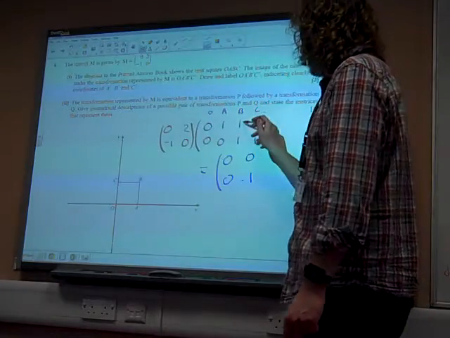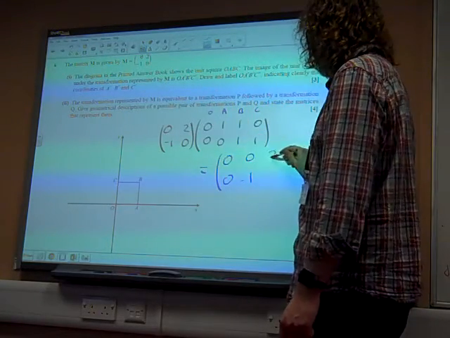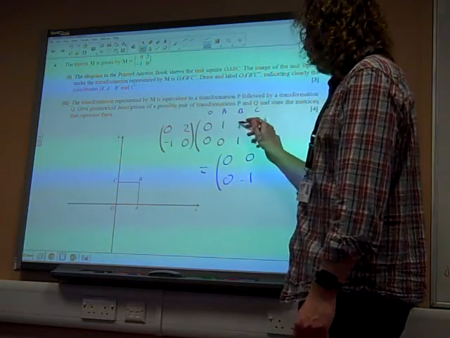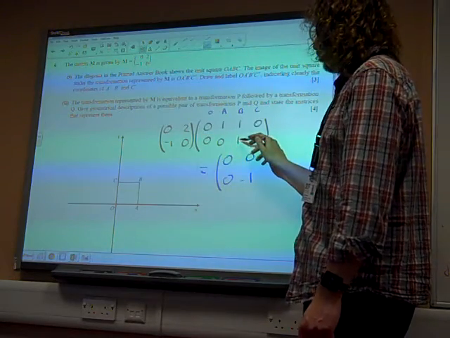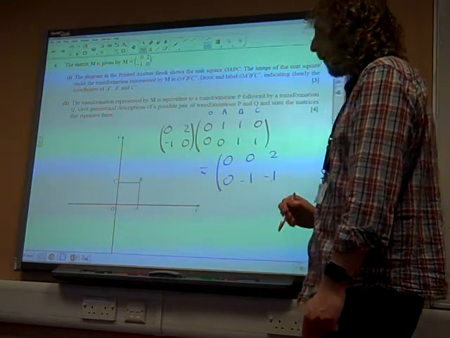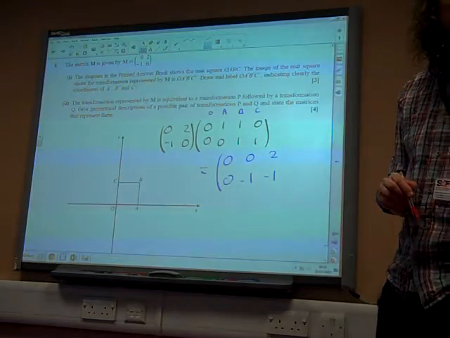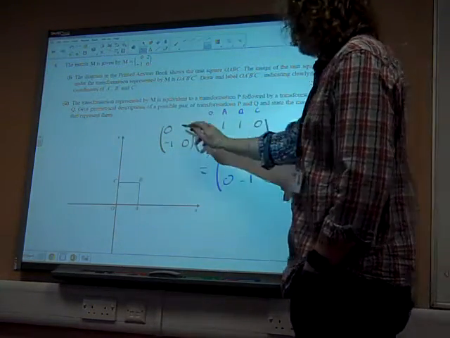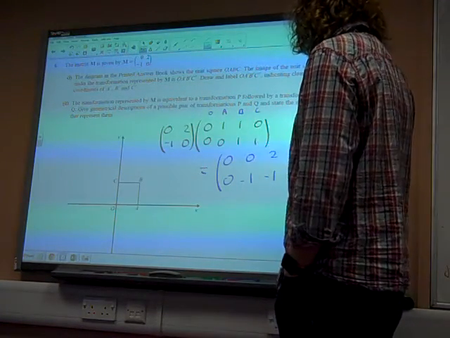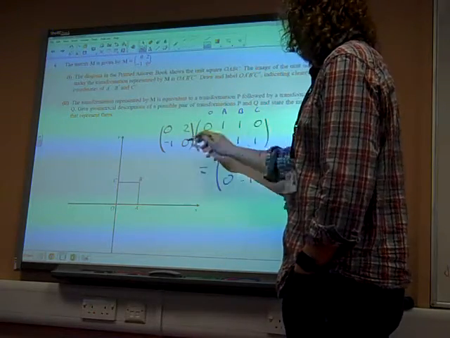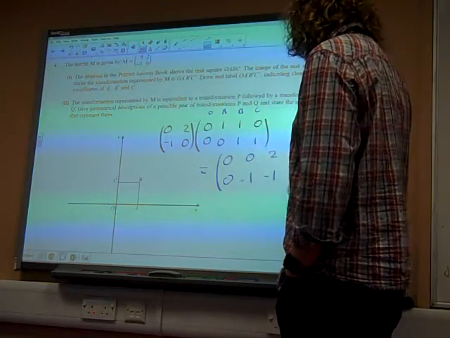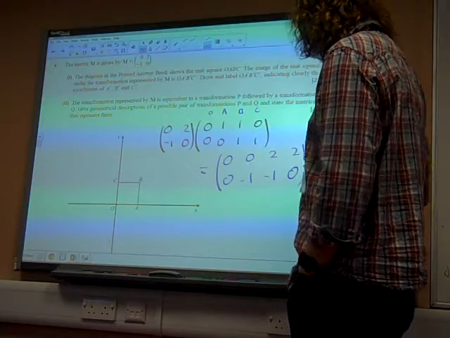B: 0 times 1 plus 2 times 1, minus 1 plus 0, gives us a minus 1. C: 0, 2, so that's 2, and minus 1 times 0 plus 0 times 1 gives us 0. So they are our new coordinates.